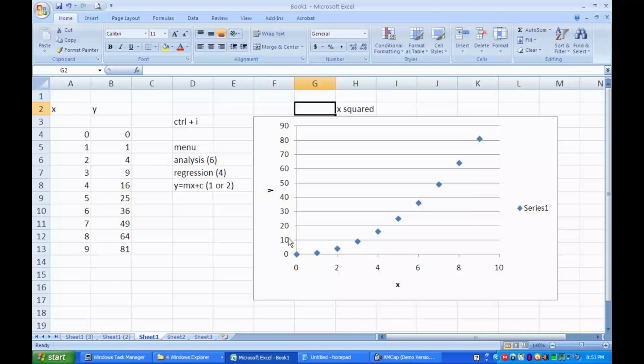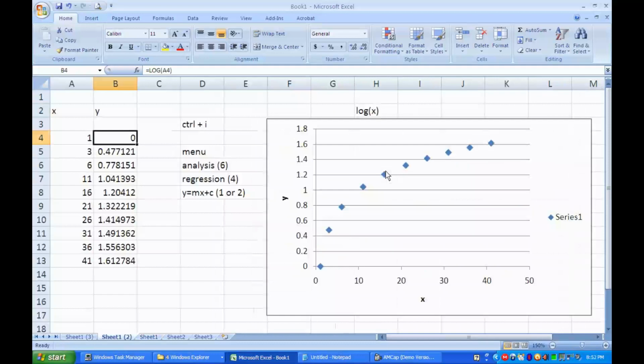So this shape where it keeps going up faster, or negative keeps going down faster, that could be a squared relationship. If it starts flattening out, it could be a log relationship. Now keep in mind, with a log relationship, if you keep making your x values bigger, your y values will keep getting bigger.